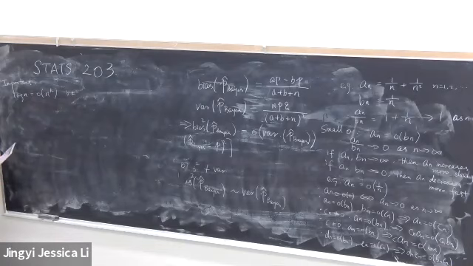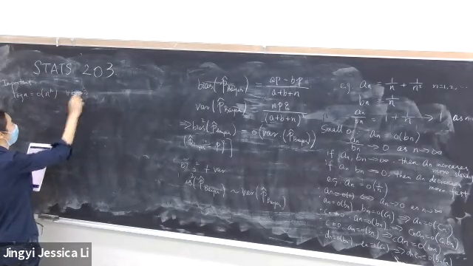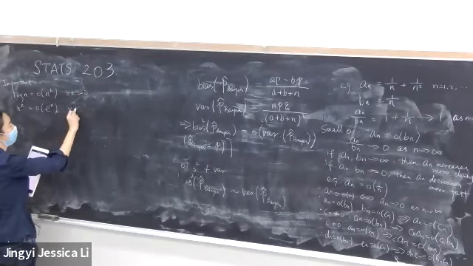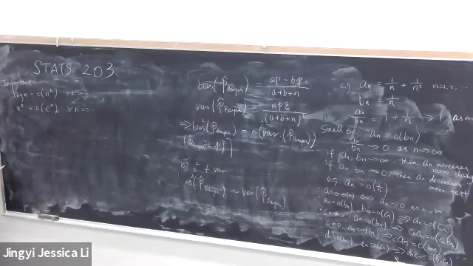And also, n^k for any positive k is small o of e^n, exponential growth. So polynomial growth is always slower than exponential growth, and log growth is always slower than polynomial growth. These are some important facts we'll often use.